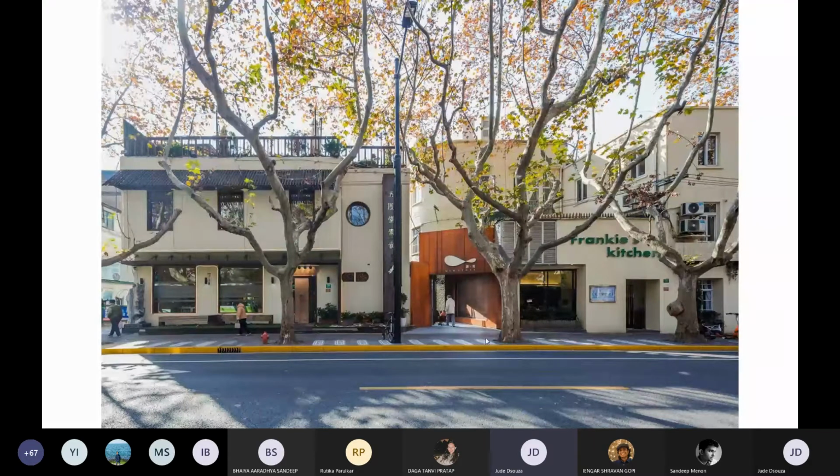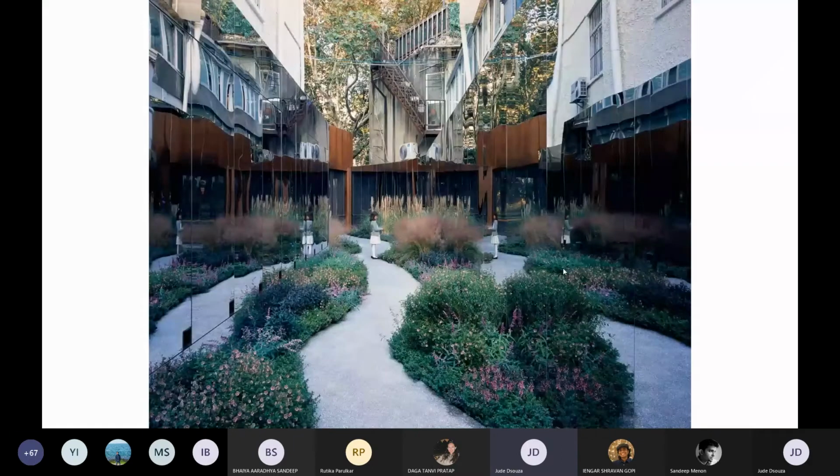You kind of pull people indirectly and then you take them within. And this is a simple and interesting way of using mirrors to expand that space, seeing multiple reflections of both people and of the landscape.